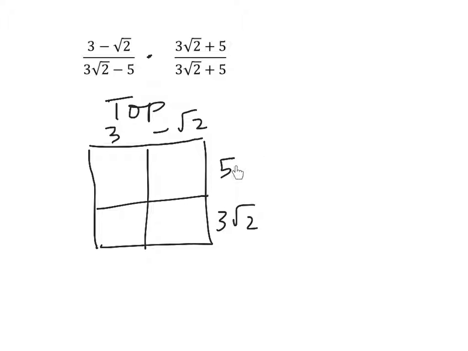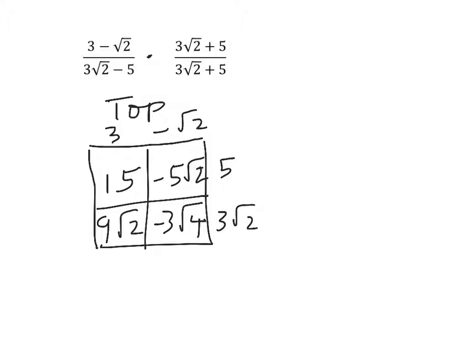So we're going to do the math now. 3 times 5 is 15 over here. And 5 times negative root 2 will be negative 5 root 2. And then here will be 9 root 2, and here will be negative 3 root 4.